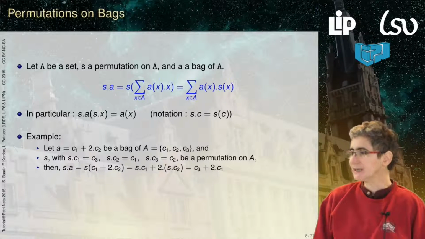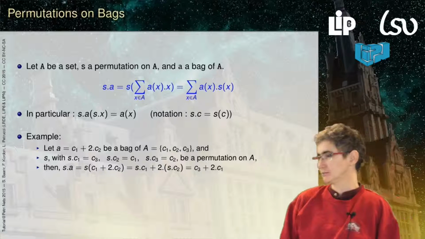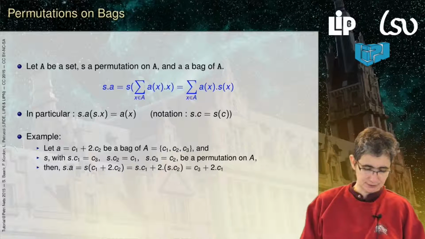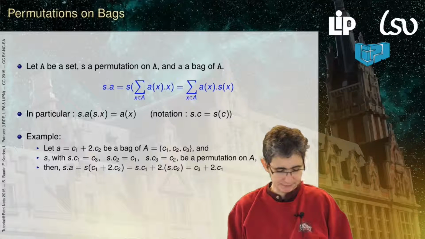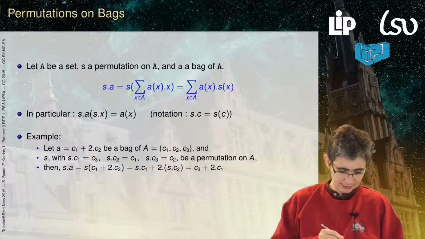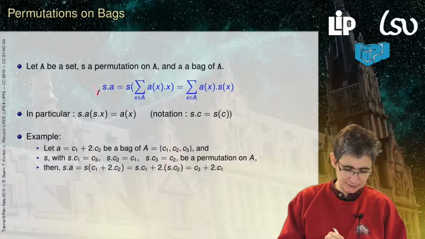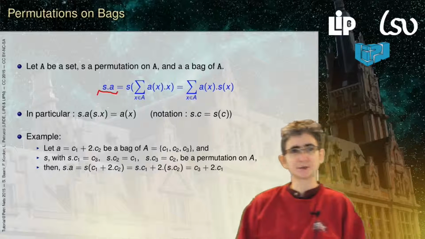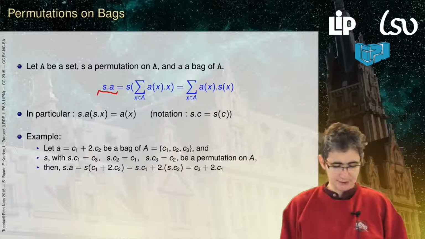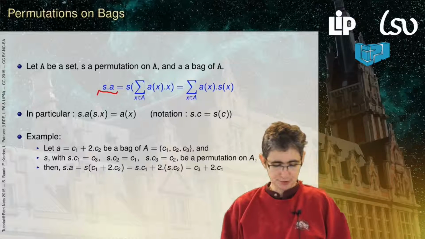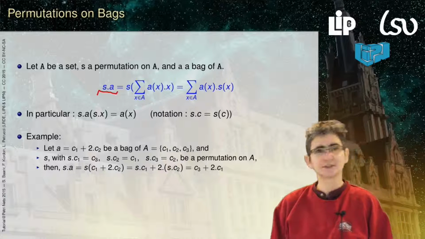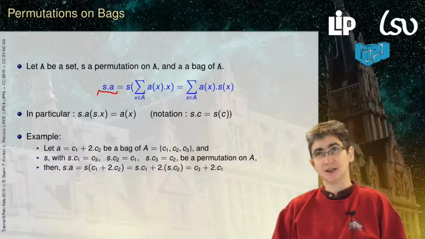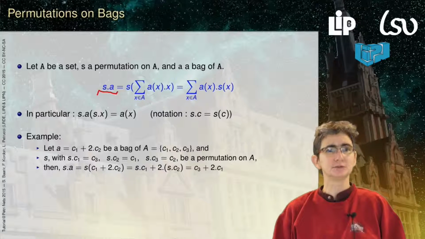Okay, so now let's consider permutations on bags. So we have a set A. We take a permutation on A, which we call S, and a bag small a of elements in A. So we can apply the permutation to the bag, and this application of the permutation to the bag is the same as applying the permutation to the sum of elements in the bag, and it's the same as the sum of elements where the permutation is applied to the individual values.